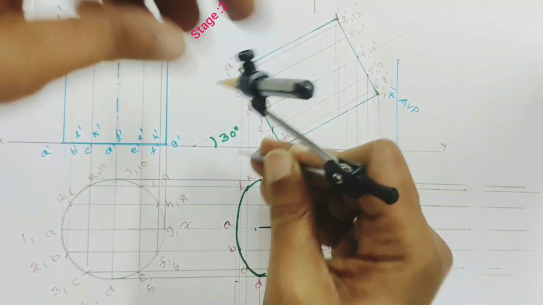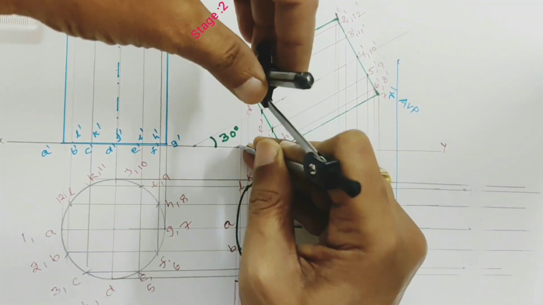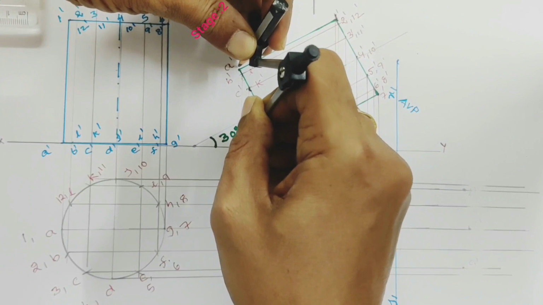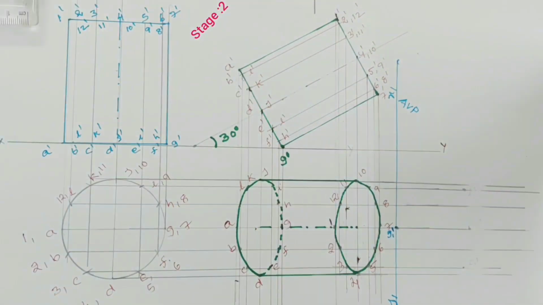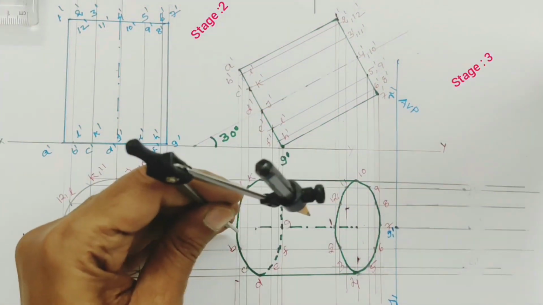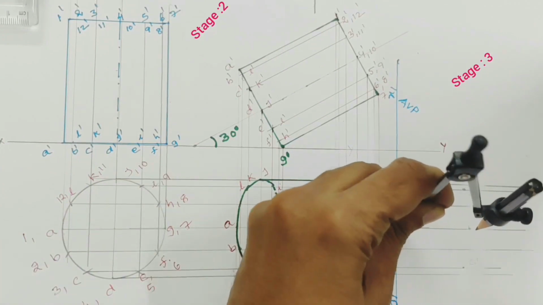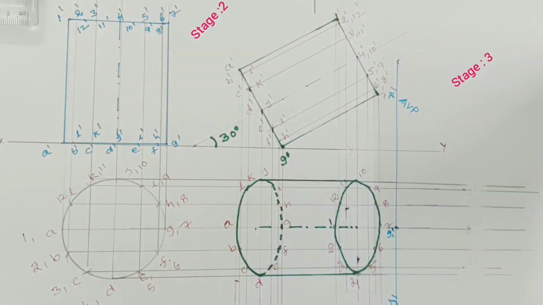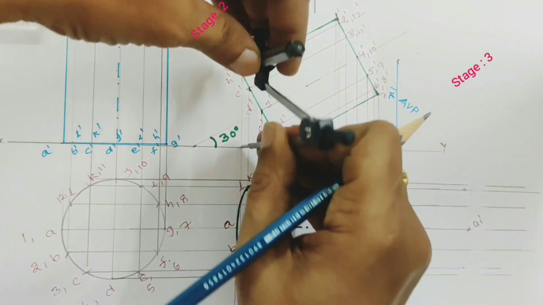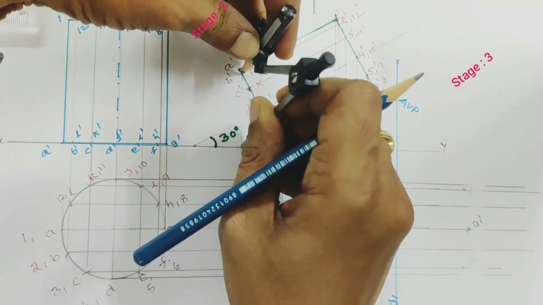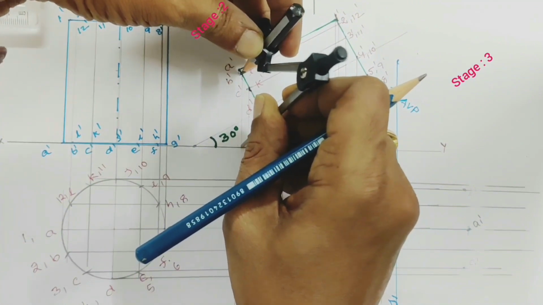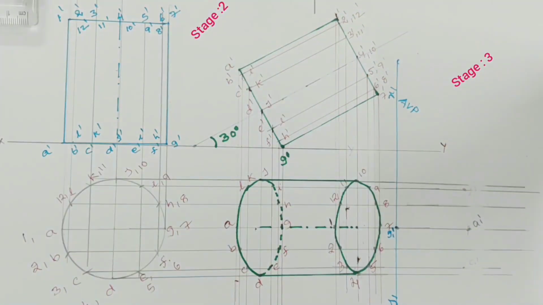Then transfer A dash distance from old XY line to new X1 Y1 line. From A this is the projector going. Say A1 dash, then take from the reference line to B dash and I dash.